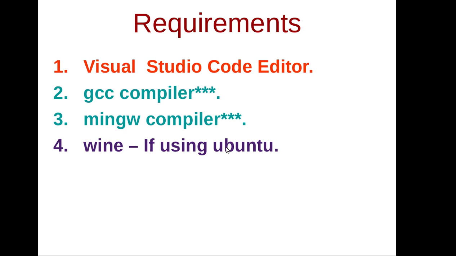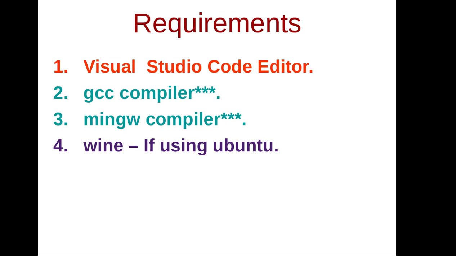Before proceeding, I would like to tell you the requirements. You require some software which needs to be installed on your system. If you are using the Linux operating system, you will require the Visual Studio Code editor, or you can use any editor of your choice, and you will require the GCC compiler and the MinGW compiler.